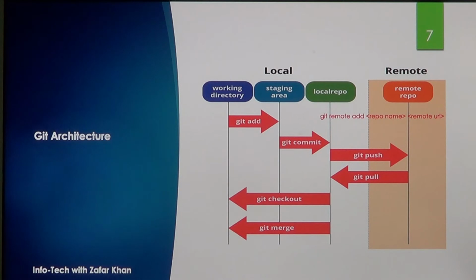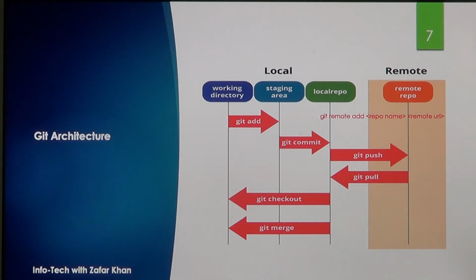Okay, so later on, if you want to update the code after pushing, you will pull the latest changes from the remote repository to the local repository, and after changes have been done, you can merge a new branch into the master branch or main branch, whatever you have in your remote repository.